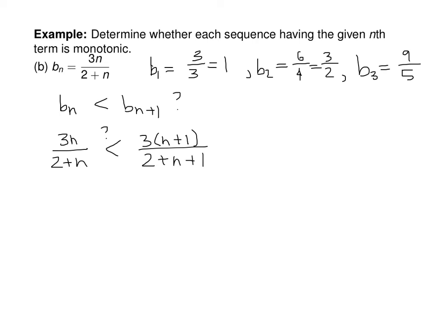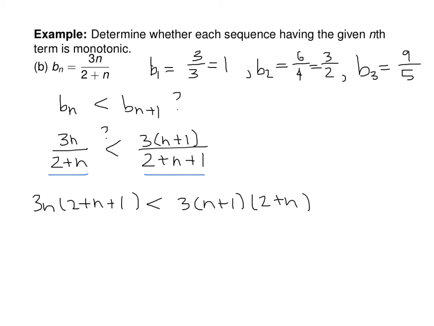Now we can multiply both sides by this denominator and that denominator, and the inequality will not flip because those quantities are positive, and that gives us 3n times 2 plus n plus 1 is less than 3 times n plus 1 times 2 plus n.